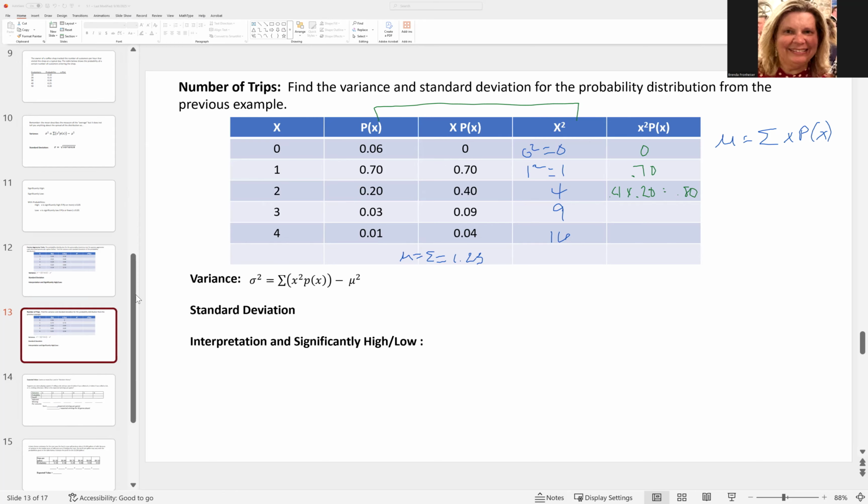Make sure you're going to the right column. 9 times 0.03. And then 16 times 0.01. I'm going to go ahead and get the sum because I need that as part of my formula. If I add those numbers up, I get 1.93.